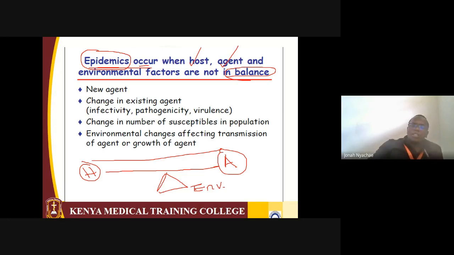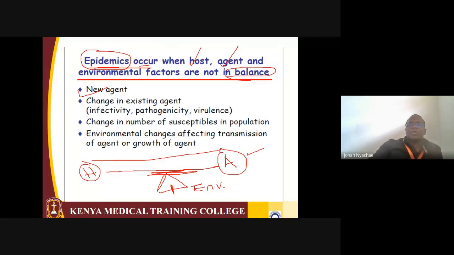So what can cause this balance to tilt? When you are having a new agent, COVID, caused by the SARS-CoV-2, which was not yet there. So when it came, it tilted this balance towards causing an epidemic.